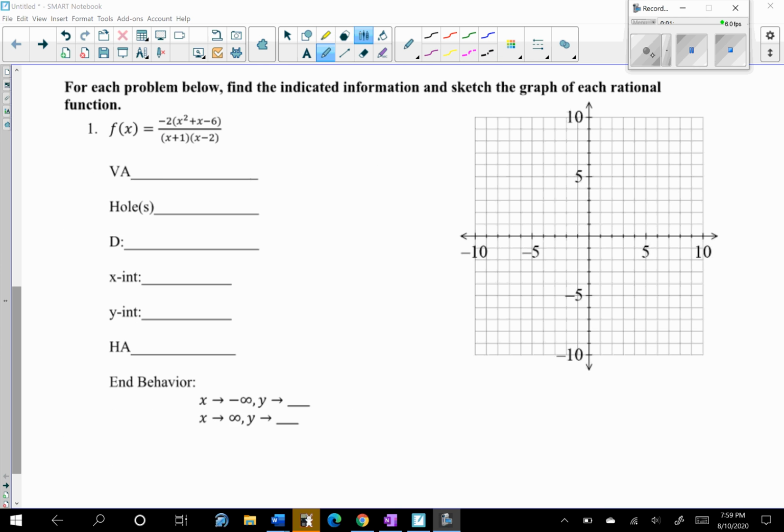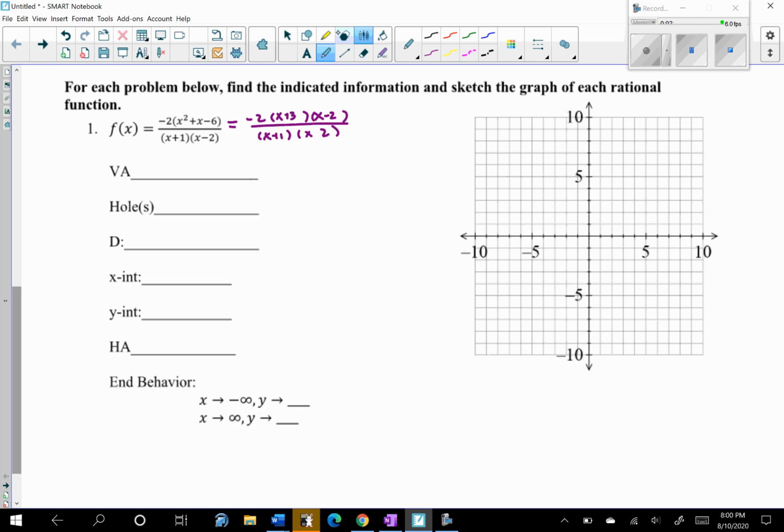The first thing we want to do again is to factor the numerator and denominator and simplify. Here I have a trinomial in my numerator, so we can find factors of -6 that add up to +1, so (x + 3) times (x - 2). Down here, this is already in factored form.